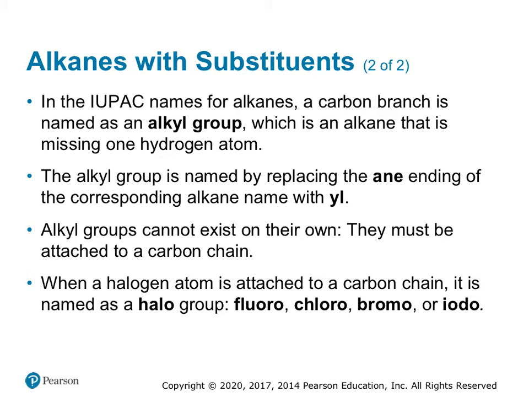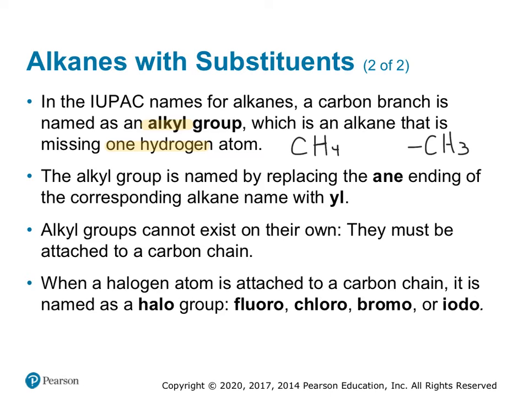When naming alkanes that have what we call a substituent, the branch is known as an alkyl group, which is an alkane that is missing 1 hydrogen atom. So instead of CH4, methane, we would get CH3, and that's methyl.